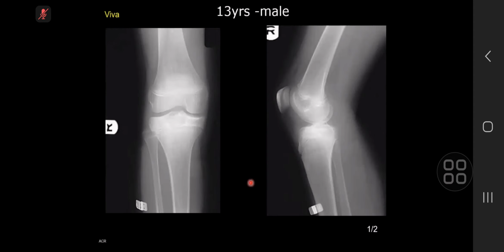So this is a frontal and lateral radiograph of the right knee in a 13-year-old male patient. There appears to be increased sclerosis in the proximal tibial epiphysis with what appears to be a central lesion.